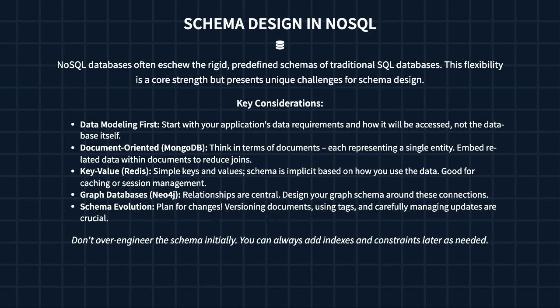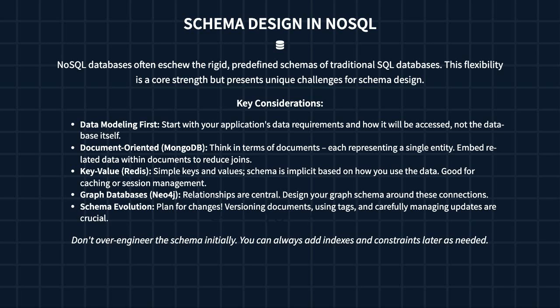Okay, let's talk about how we approach schema design when dealing with NoSQL databases. Unlike SQL databases that require a strict upfront plan, NoSQL offers much more flexibility. It's really important to start by thinking about what your application needs and how it will be using the data, not designing the database first. With document-oriented databases like MongoDB, we can model our data around individual documents.